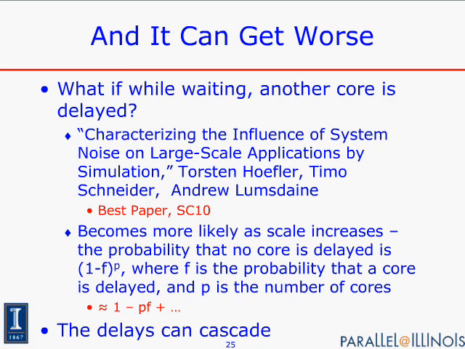And this is a function of scale. As the system gets bigger and bigger, the likelihood that you'll get a delay while you are delayed becomes effectively 1. And that means that applications that were effective in parallel suddenly become ineffective.